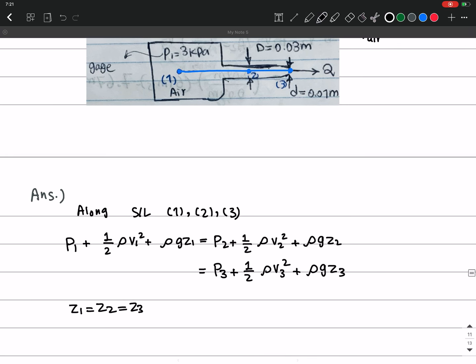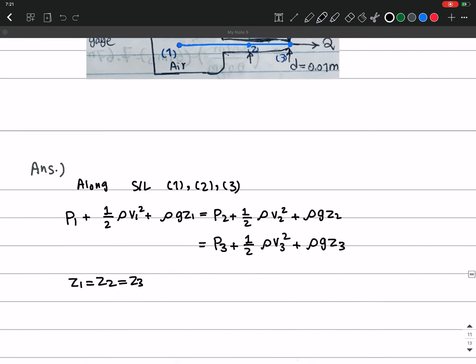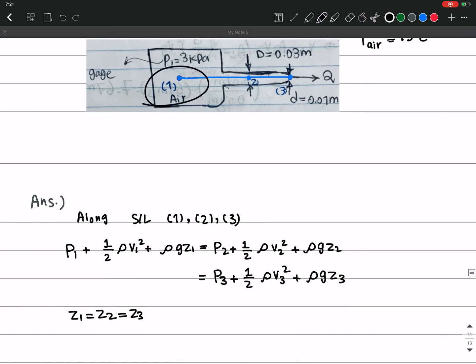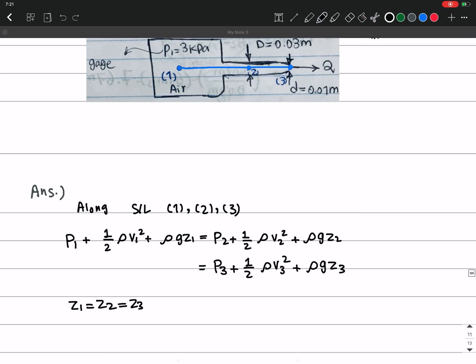And again, because here we have a large tank, the velocity V1 is going to be much smaller than V2 and V3, because V1 is in a large tank.